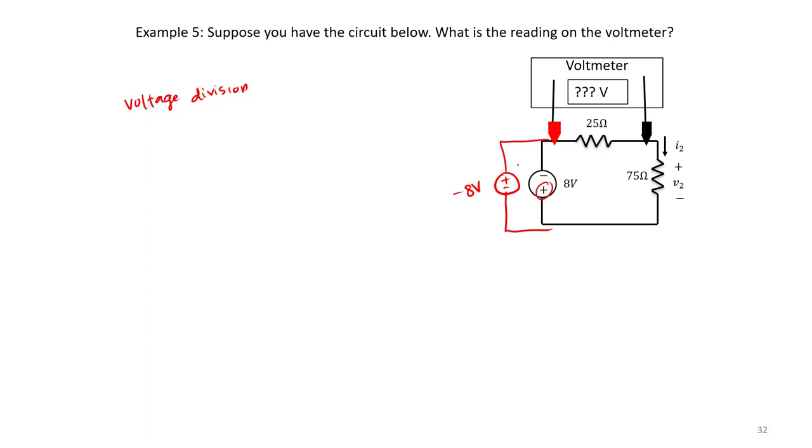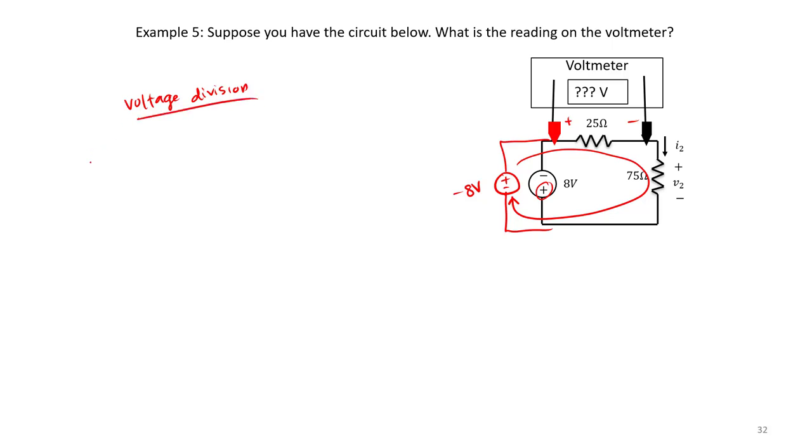Because if I do that, then I can assume my current is flowing in the clockwise direction. For me personally, that just makes it a little easier because I match the orientation of the voltmeter for the flow of my current. Okay, so let's go ahead and try voltage division using these resistors.